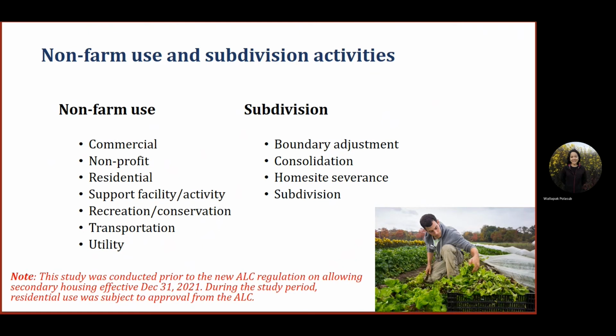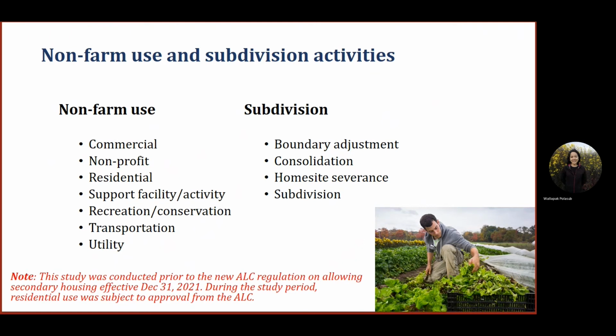Next is support facility or activities, defined as activities intended to support primary agriculture production or processing, such as farm worker housing, winemaking workshop, or food processing area.